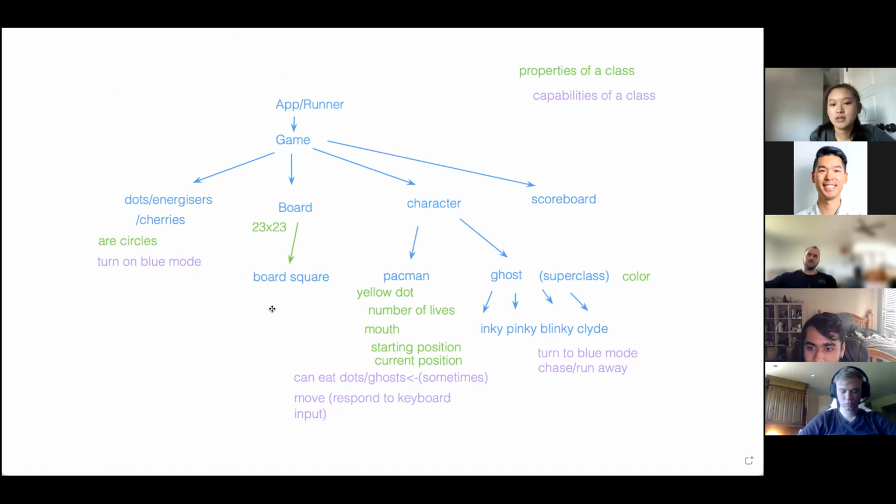So our board square class could be a number of different things. It could be a wall, it could be a free space. And then this class could also be in charge of knowing what it contains, so whether or not it contains a dot, whether or not it contains Pac-Man. These are all things that are useful for your logic in your game class.